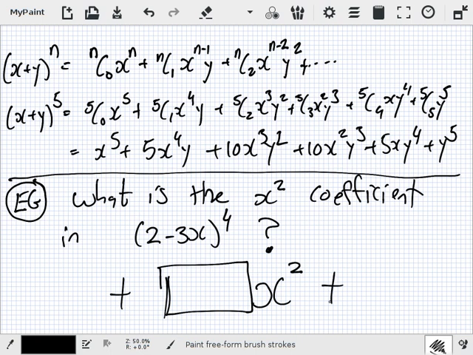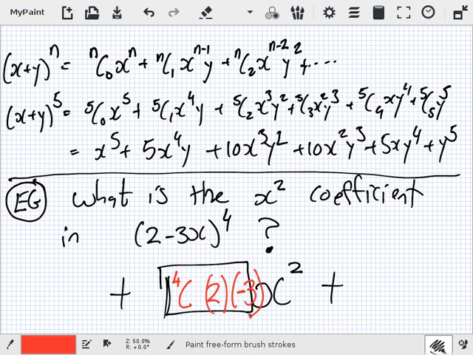Yeah, so we need to figure it out. So we know that there has to be a 4C. Now we'll figure out the other number in a minute. And we know that the first one here should be a 2, and the second one should be a minus 3.